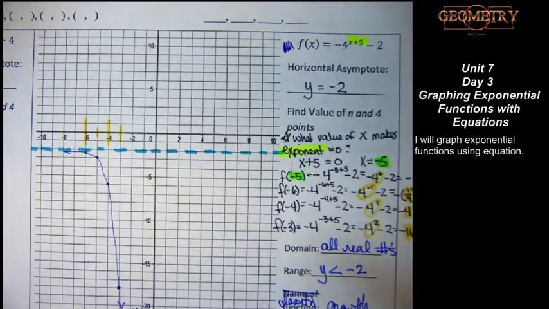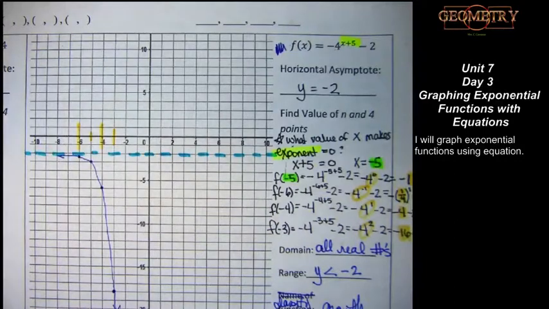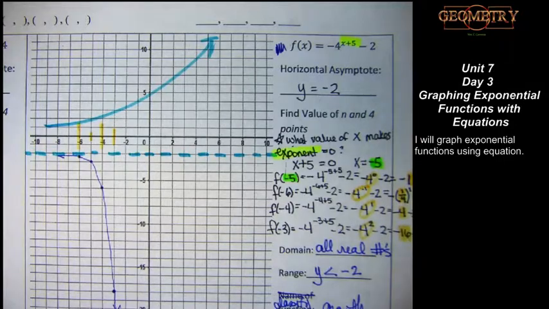What if I graphed it without that negative in front? I looked at this as just 4 to the some exponent. What would that thing look like? It'd go this way, right? Very badly drawn, but it would go that way.